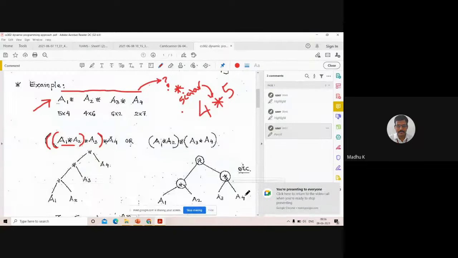So this is one sequence of multiplication. First I will perform A1 star A2, then I will parenthesize it. Then this result is multiplied with A3. Then that result is multiplied with A4.